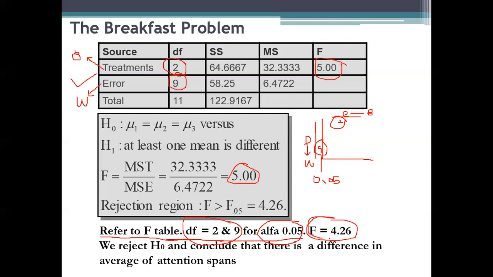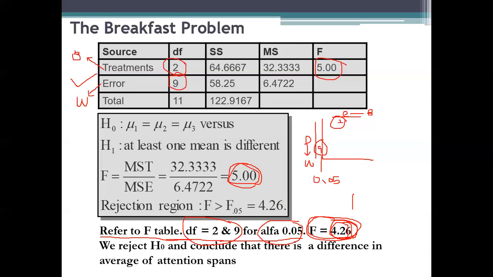So the F value that you will get in the F table is 4.26. Now let's compare the value that we get in our test statistic and in the F table. The value that we get is 5.00. In the F table we get 4.26.